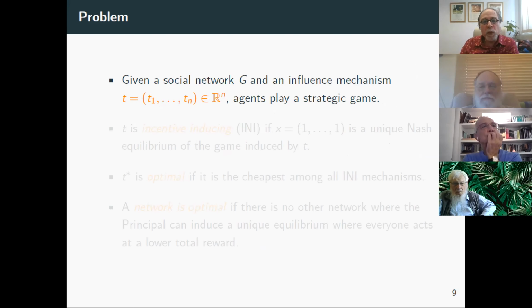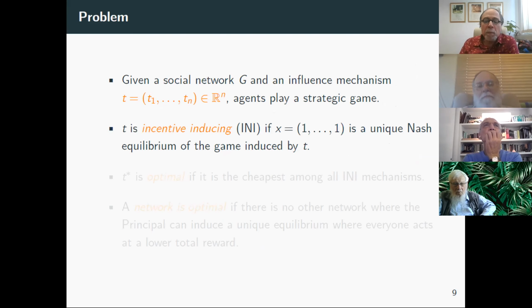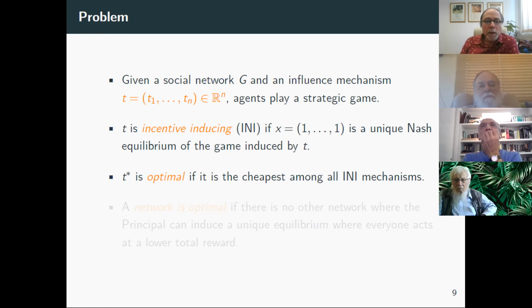Given the social network and the influence mechanism, which is a vector that specifies how much I'm paying to each agent, we have a game. In this game, there are only 2 actions for each person: decide whether to take the action or not. I'm going to say that this transfer vector is incentive inducing if in this game there is a unique equilibrium, and this equilibrium is the one in which everybody takes the action.